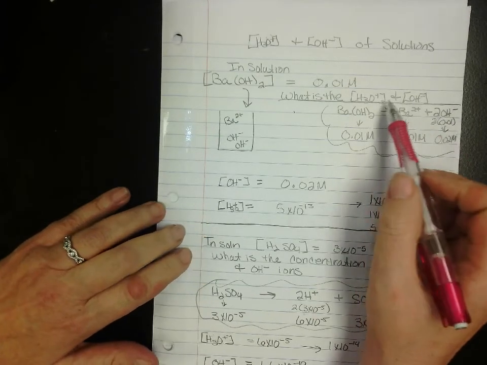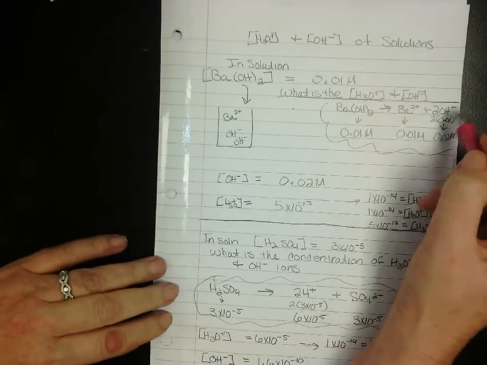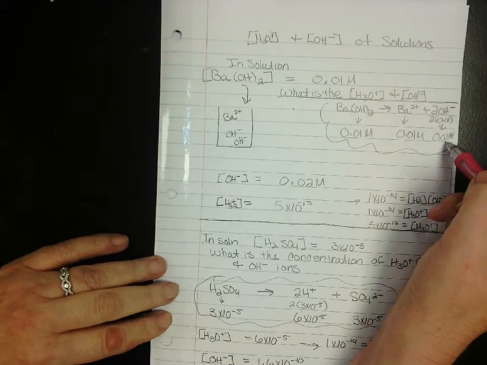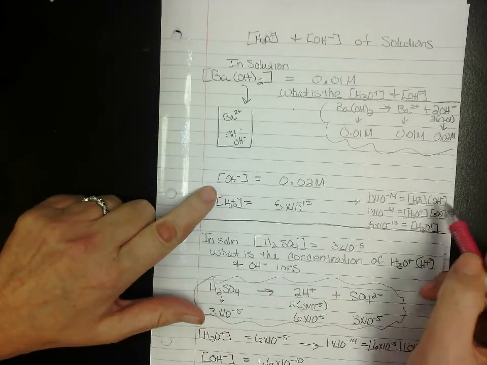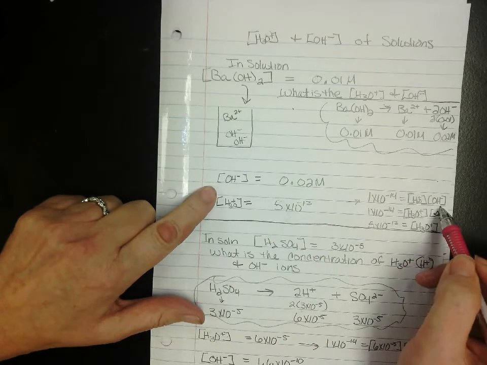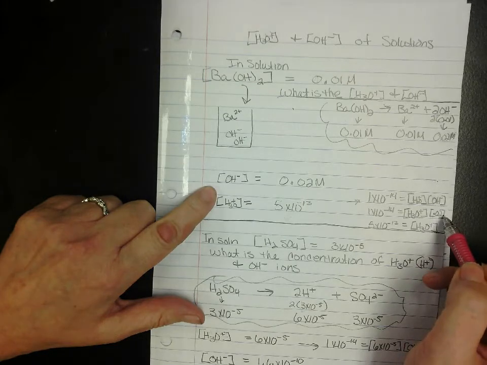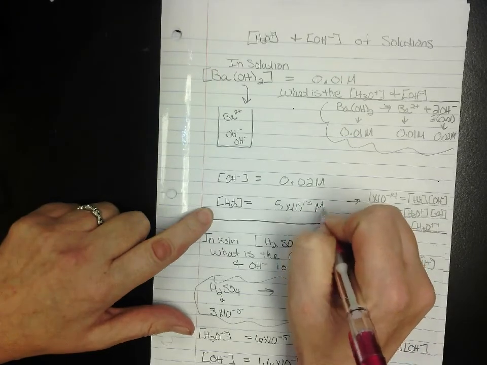So what is the concentration of the H3O plus and the OH minus? Well, I just figured out that it's 2 times that for my OH, okay? So then I can plug it into my ionization constant for water expression, and I can solve for what the H3O or the H plus ion concentration is.